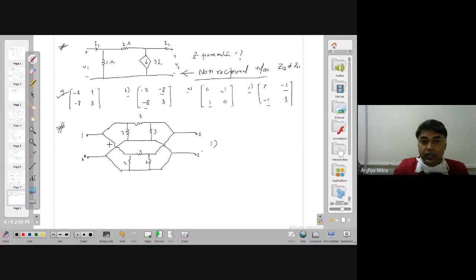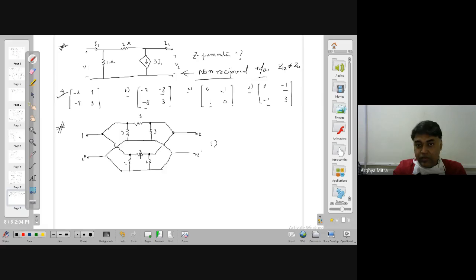You see that this node is connected here, and it is also connected here. This node is connected here, and this is also connected here. So these 3 ohm and 2 ohm resistances are in parallel to each other, because across this node I have 3 ohm, and across this node I also have another resistance, which is 2 ohm.